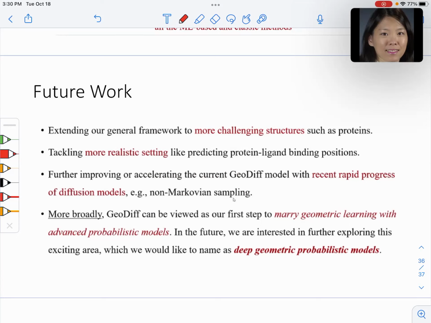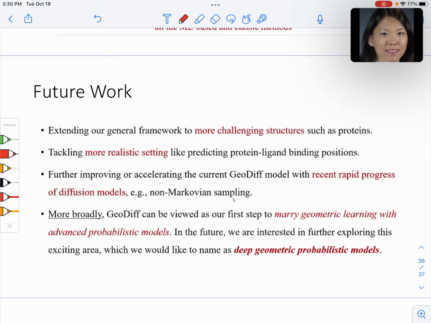And the second is that they want to tackle more realistic settings like predicting protein binding positions. So essentially they were trying to see whether they have the ability, besides predicting the conformation, which is their coordinates, and by aggregating their conformations to predict properties, whether there are some other tasks they can easily achieve.